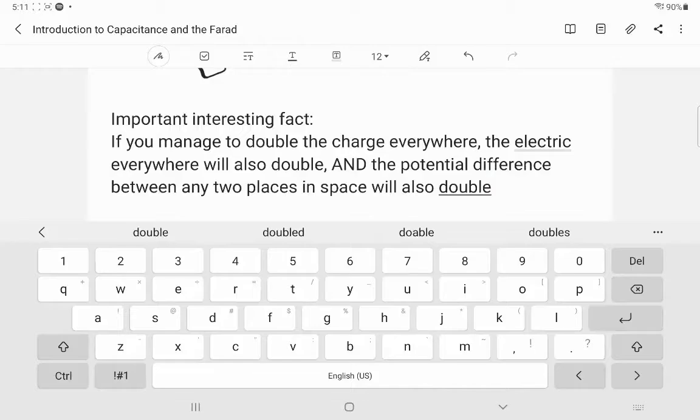So it's simply saying that there's a proportionality.